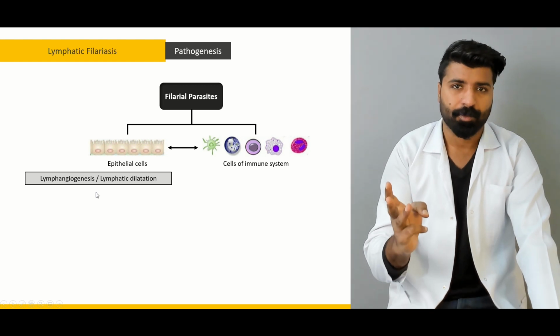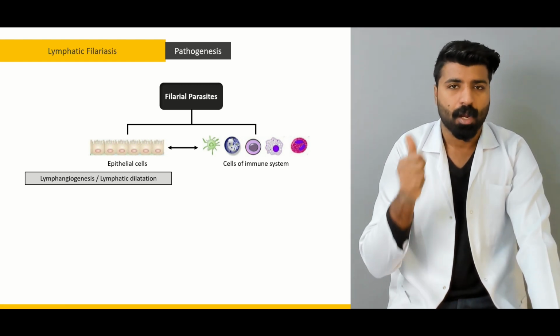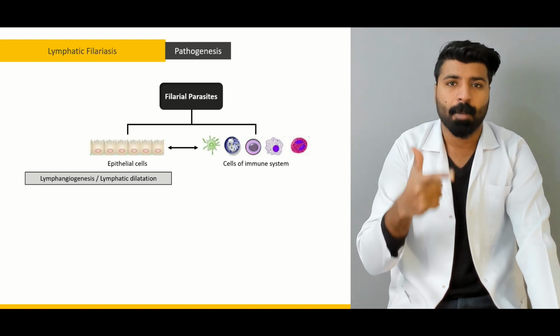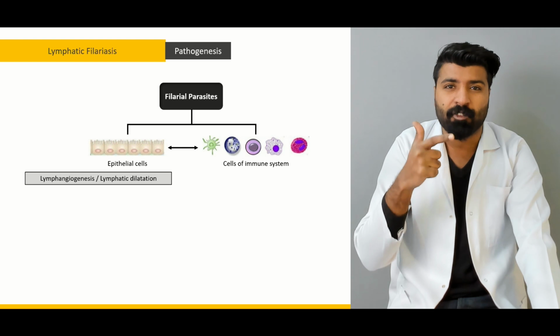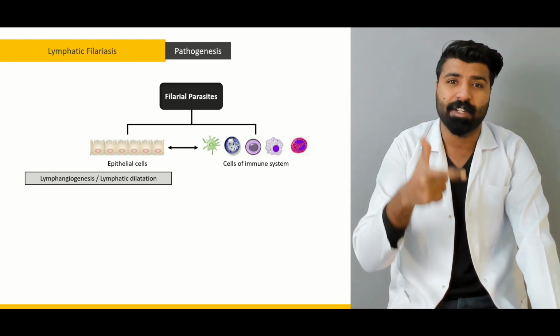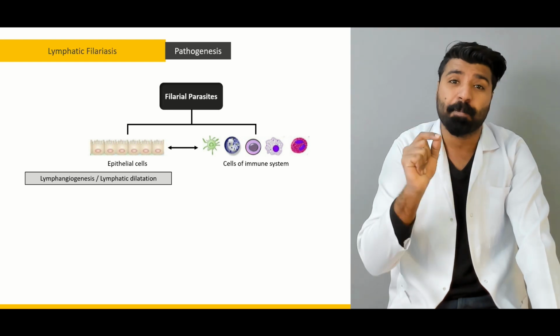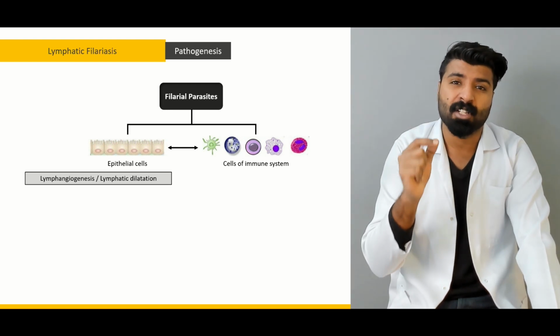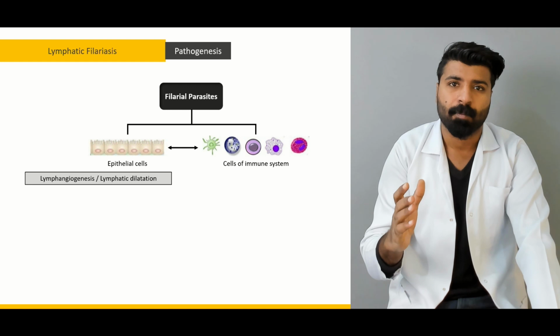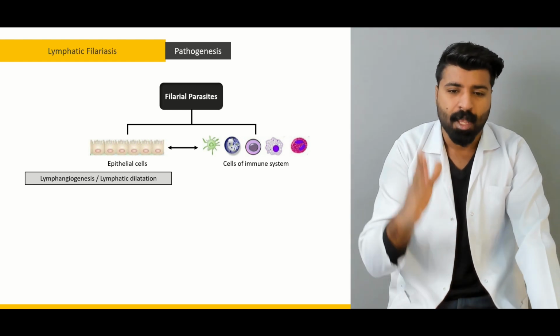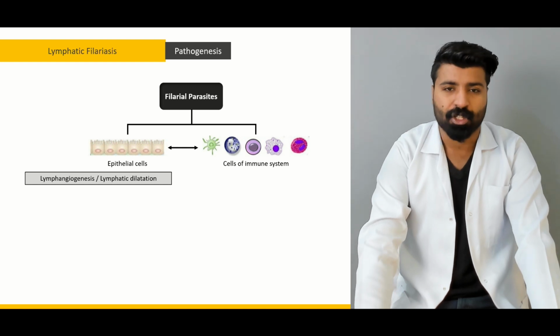Three things. Number one, because of the toxins released by that parasite. Number two, because of the hypersensitivity reaction that it caused. Number three, because of the presence of a lot of dead parasites. It's going to get into lymphangiogenesis and lymphatic dilation.